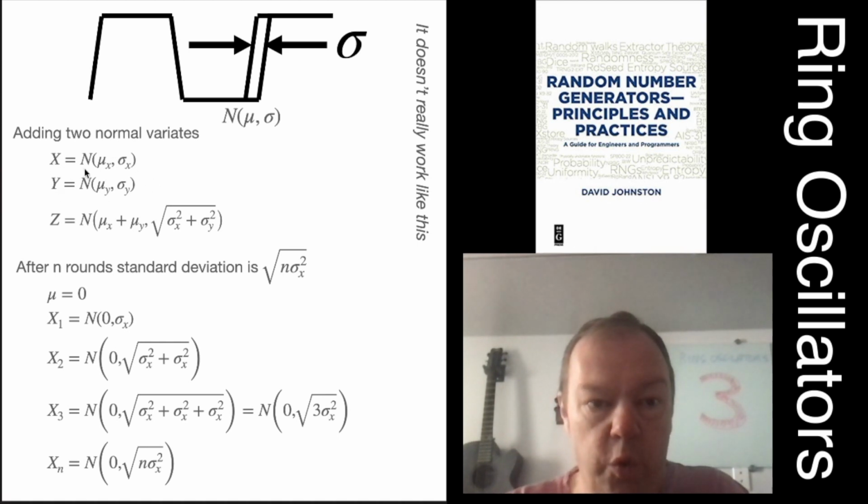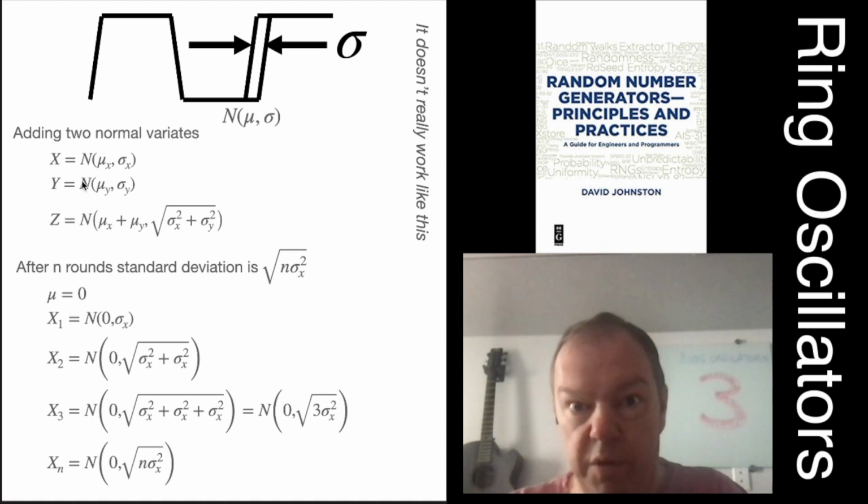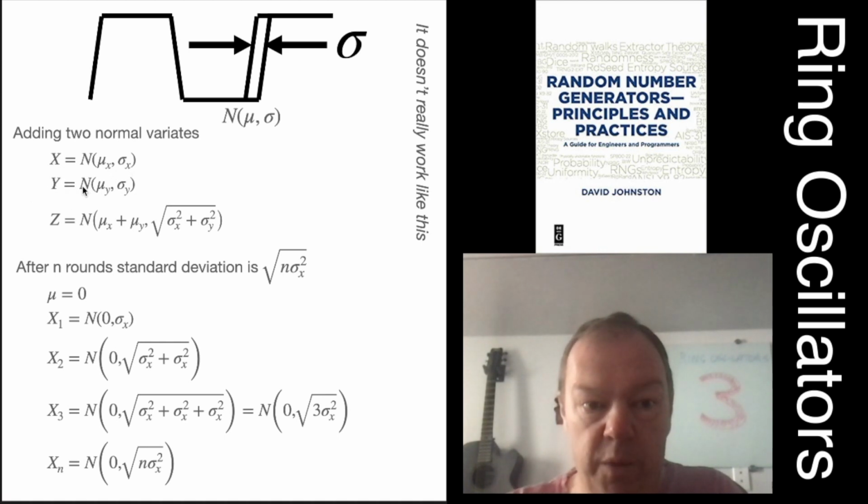We've got 2 random normal variates. So X is a normal distribution or a Gaussian distribution with a mean and a standard deviation, mu x and sigma x. And we've got another distribution, Y, which is a normal distribution with mean mu y and standard deviation sigma y.